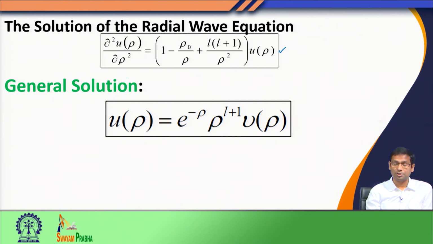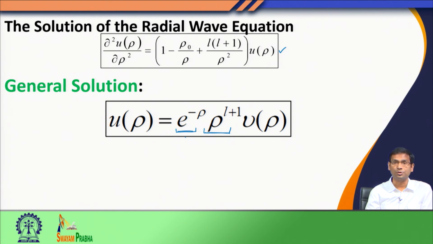The way we solved this equation is that we first took its asymptotic solution at large values of rho and we got e to the power minus rho. Then we looked at its asymptotic solution at very small value of rho. We saw that it gives us rho to the power L plus 1 type of term. This is for the small value of r.